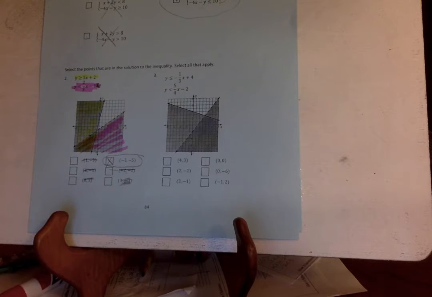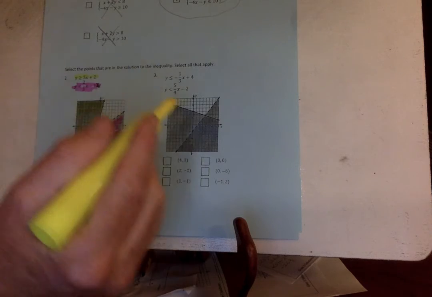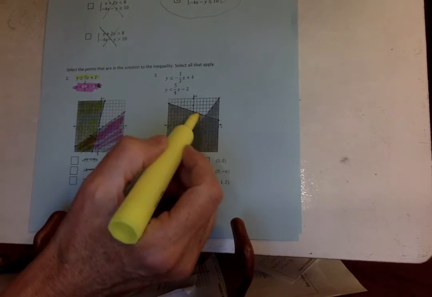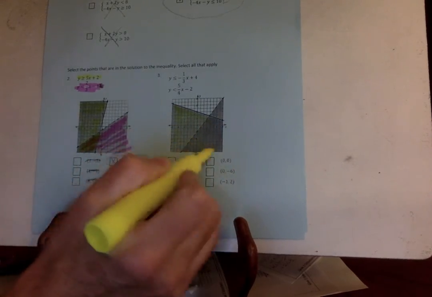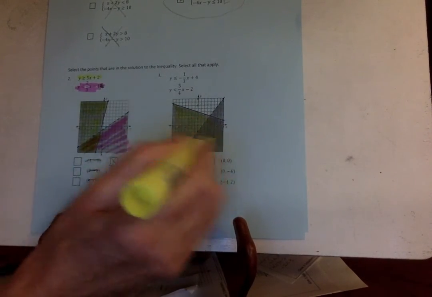Okay. Next, we're going to go on to number 3, where we have y is less than or equal to -1/3 x plus 4, so 4, and then we go down 1/3, that's all of this. Hopefully you can see that okay.